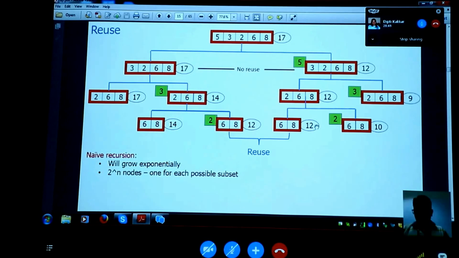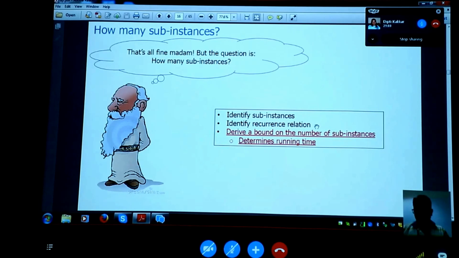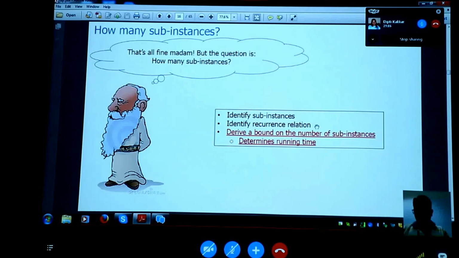So the question then is what this asks. We have written the recurrence relation, we have written the tree, everything is fine, you have done memoization. But the crucial question is, how many sub-instances are you solving? Because the number of sub-instances is what is going to determine the running time of your program.